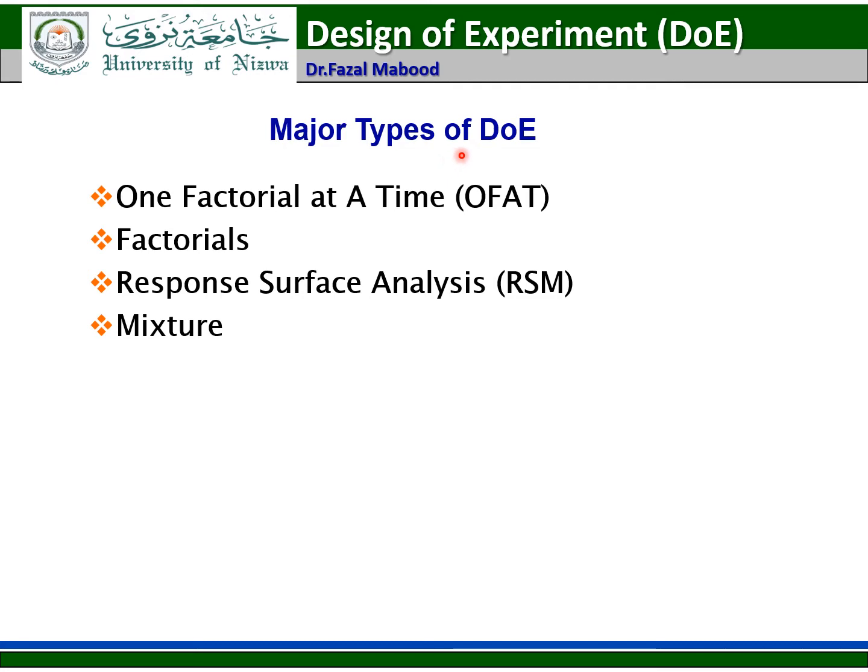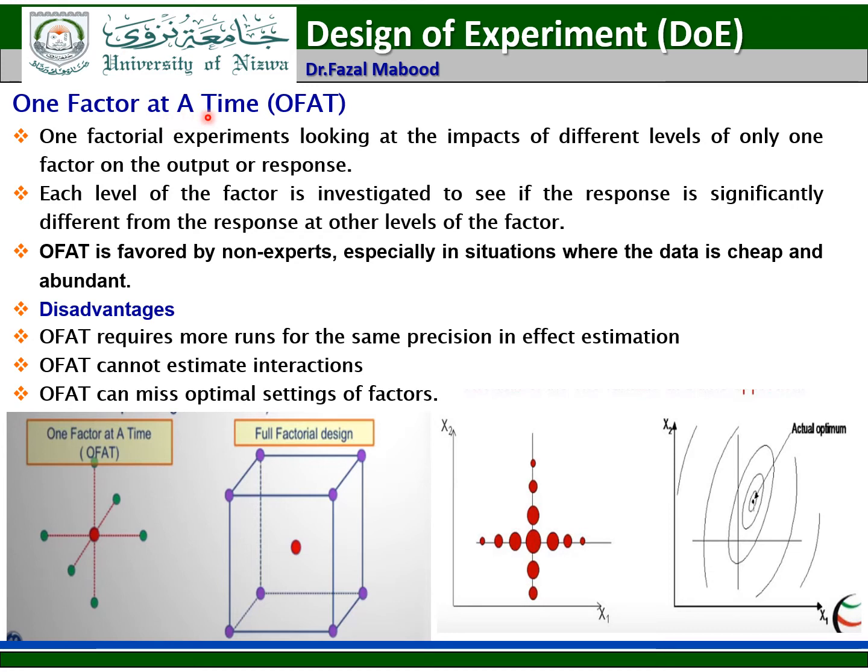Major types of design of experiment: one factor at a time, OFAT, full factorial designs, response surface analysis or RSM, mixture designs. One factor at a time, OFAT designs. One factor at a time design experiment looks at the impact of different levels of only one factor on the output or response.